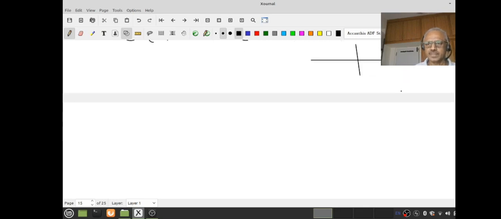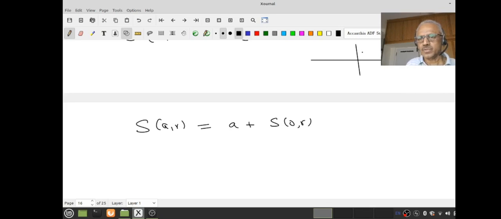Why? Because S_A(R) is nothing else than a translate of S_0(R). So I have S_0(R) and translate it to A, then you get it. And we know the translation is a continuous map. Why is S_0(R) connected?